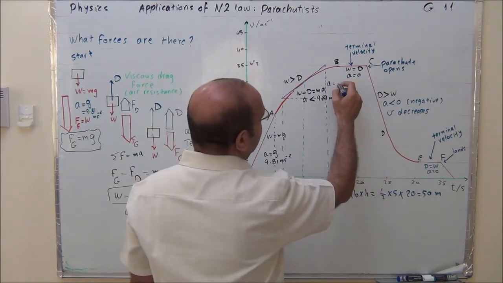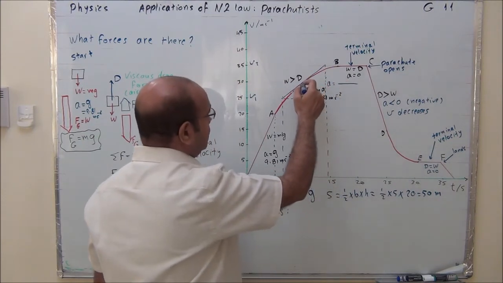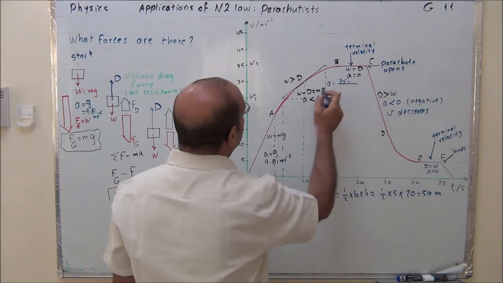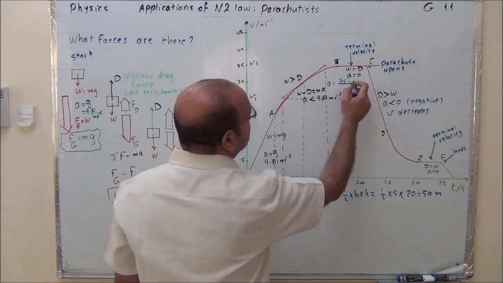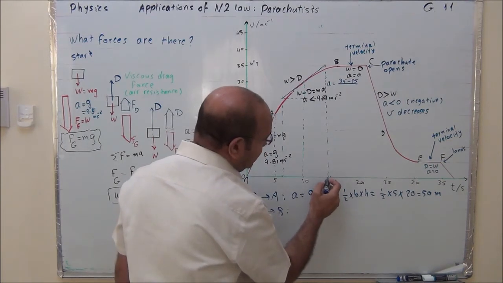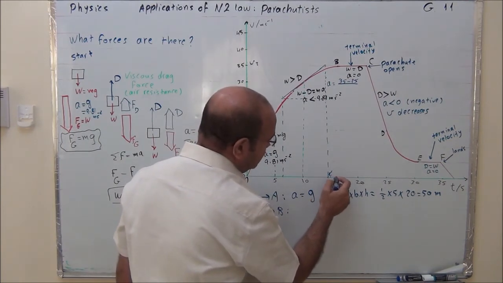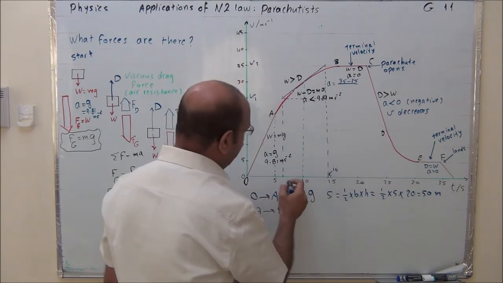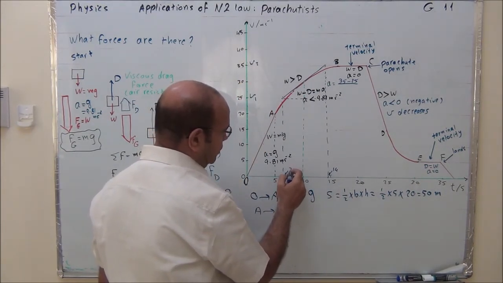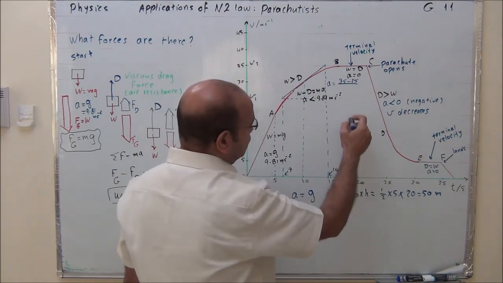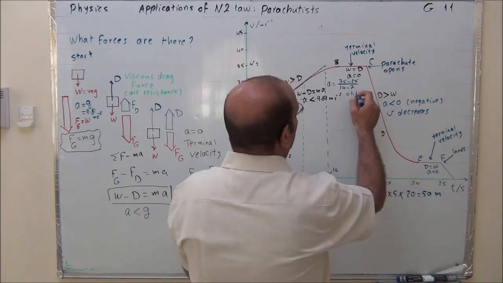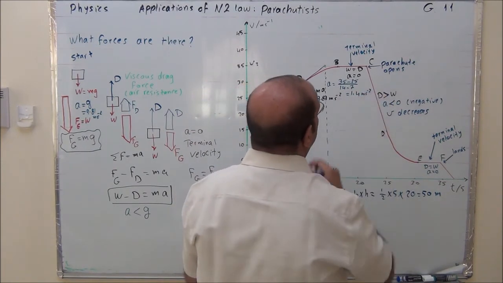So the acceleration at this point equals v2, which is 35, minus v1, which is 25, over t2, where we count how many dashes: this point is 14 and this point is 7, so 14 minus 7. It's 1.4 meters per second squared.